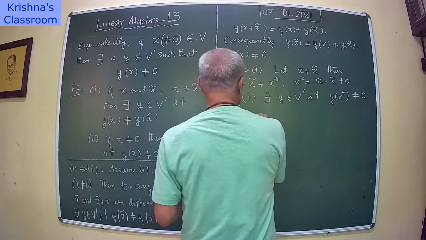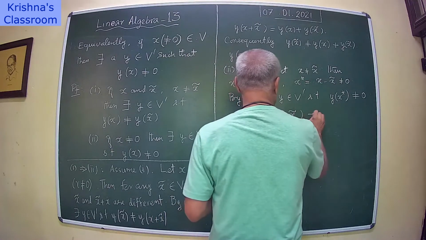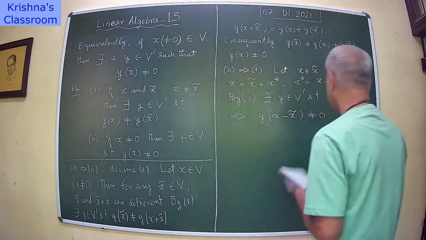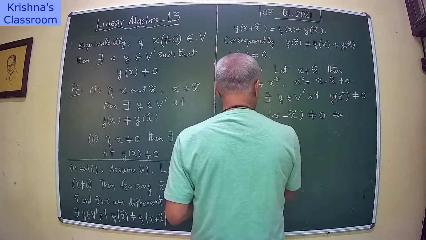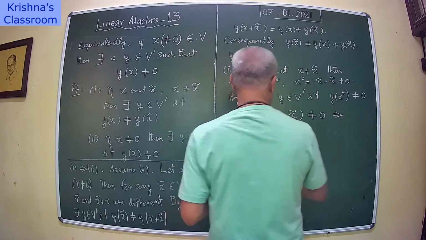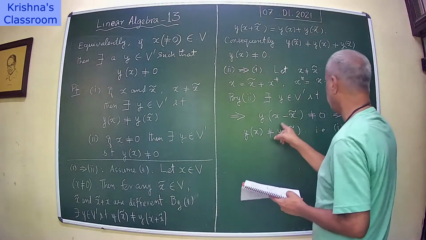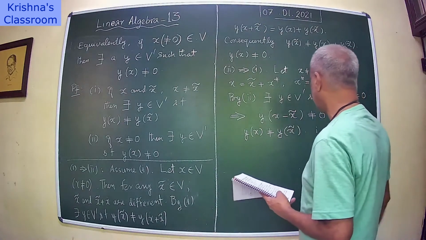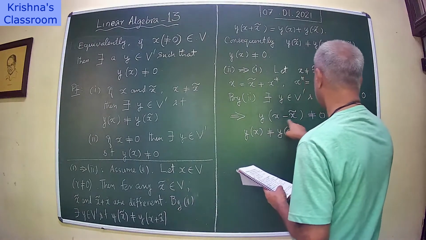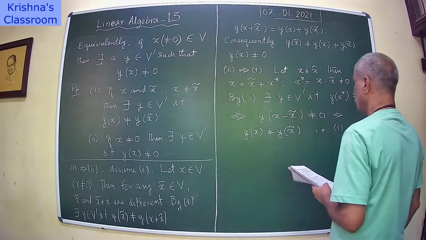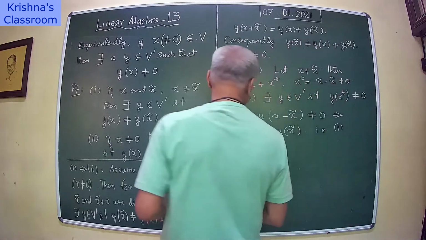which implies y of x minus x tilde is not equal to 0, which implies... So of course, this step comes from linearity because y of x minus x tilde is equal to y x minus y x tilde, which is not equal to 0, therefore y x is not equal to y x tilde.